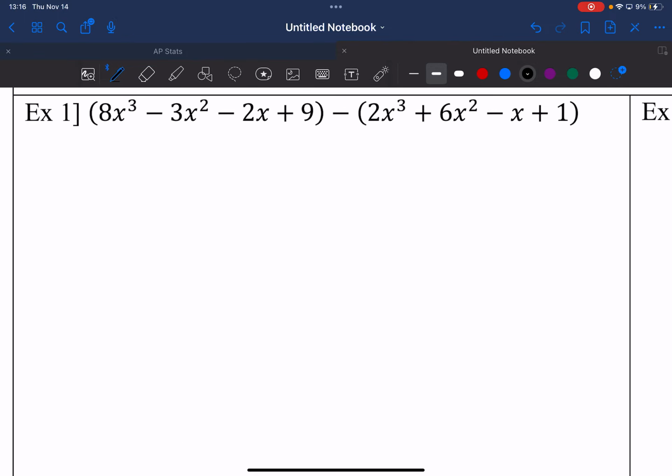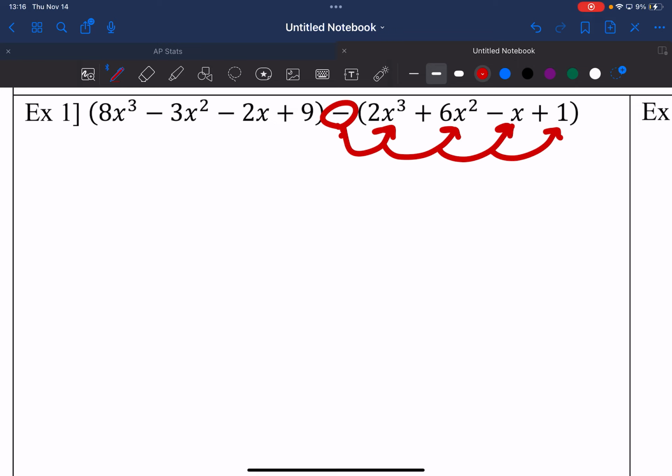So here we have 2 terms that are separated by a minus sign. Anytime we have 2 polynomials being subtracted, I want you to take that minus sign and distribute it into every single term. So pretty much what we're doing is we're multiplying every term by -1.